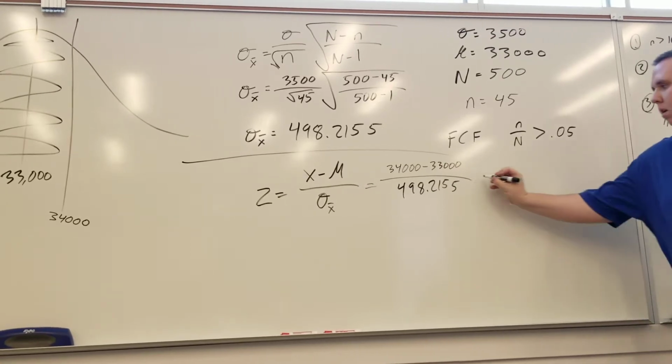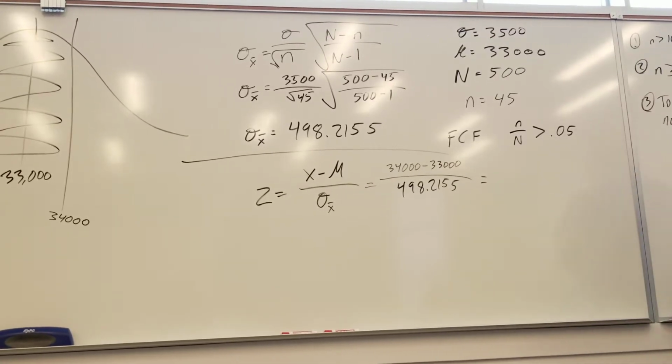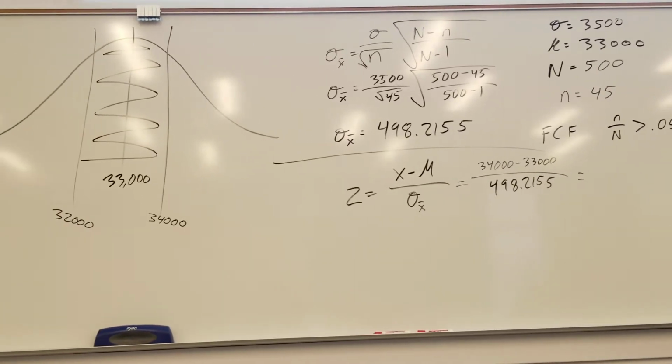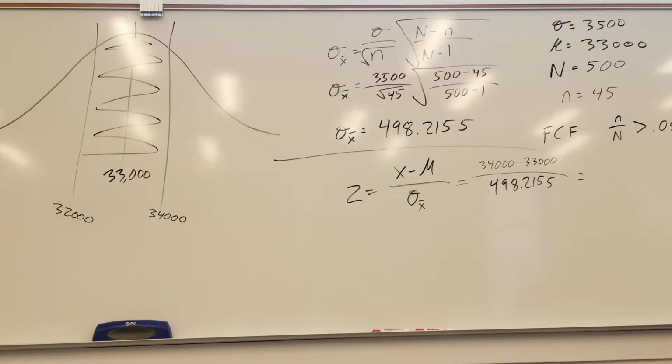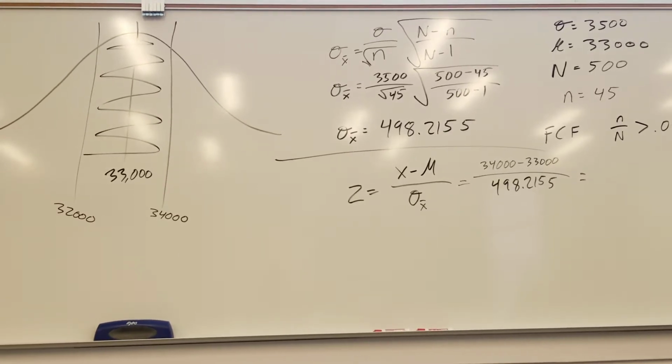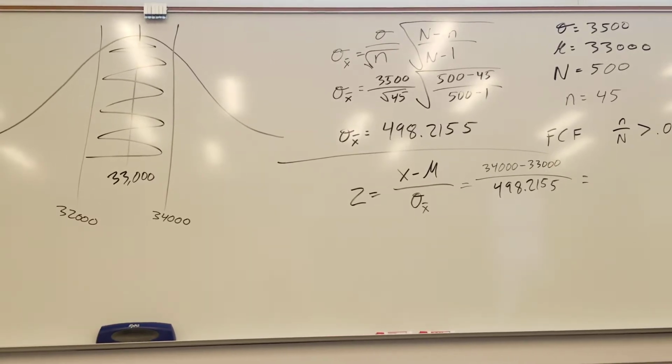So the z-score for 34,000 is what? 2.01.